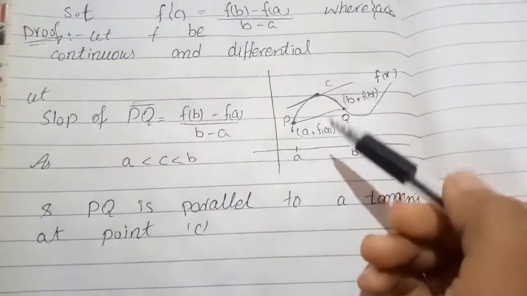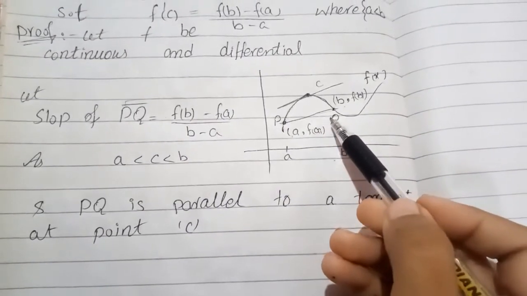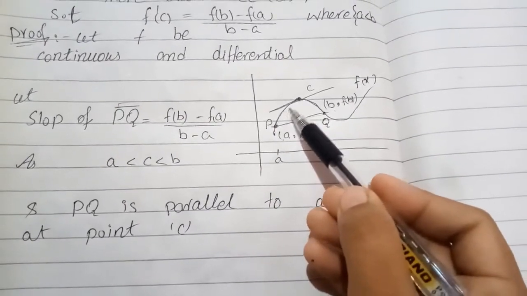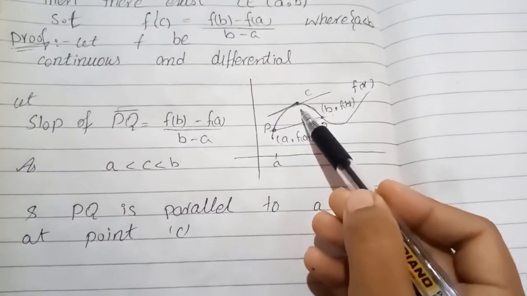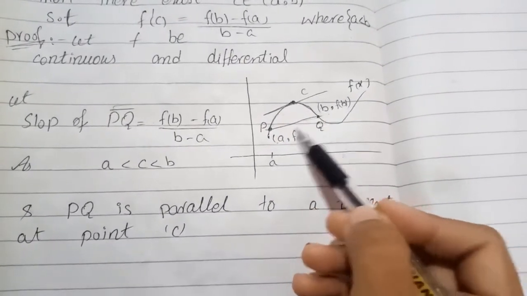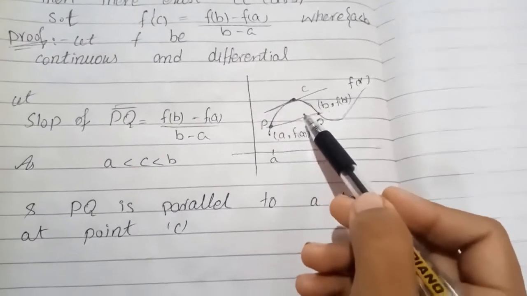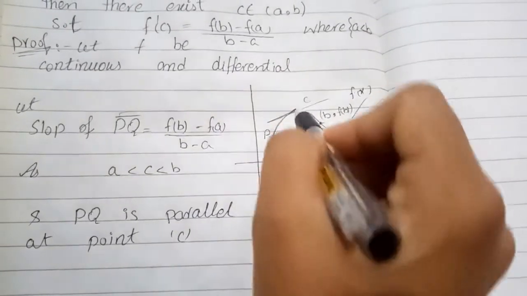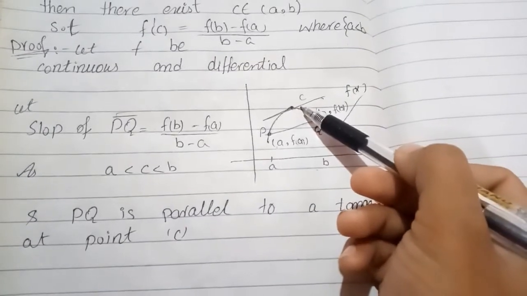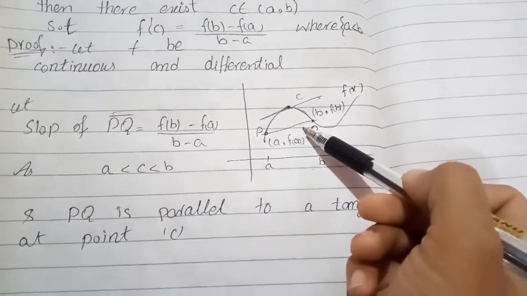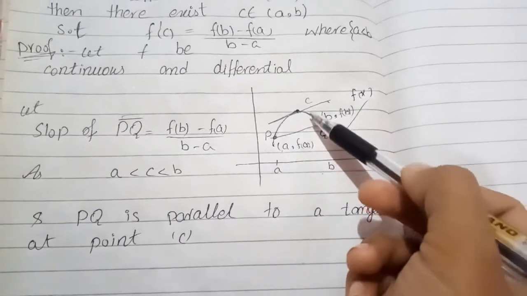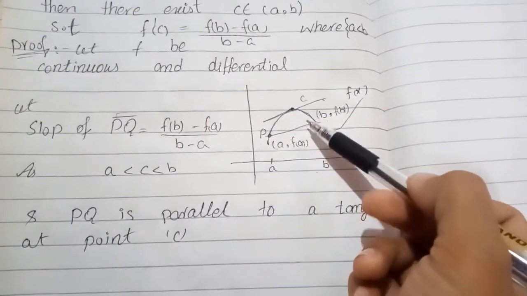So we again repeat the condition: we have at least one point on the curve at which we draw a tangent, and that is parallel to this chord. Let's suppose the point is c here, and this tangent line and the PQ line are parallel. So the slopes of both are equal.